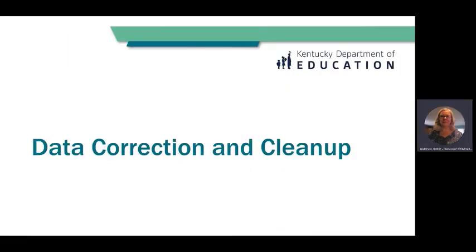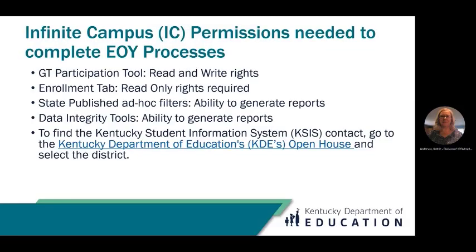So, one of the reasons that we have data correction and cleanup is to make sure that our data is correct for the school report card, and also to ensure that we're not missing any students to provide services for. So in Infinite Campus, you may need to request permissions to complete the end-of-year processes.